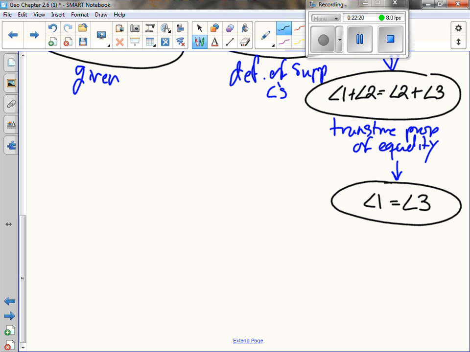This would be our subtraction property of equality, because we subtracted what from both sides? Angle 2. And you can write that under it.